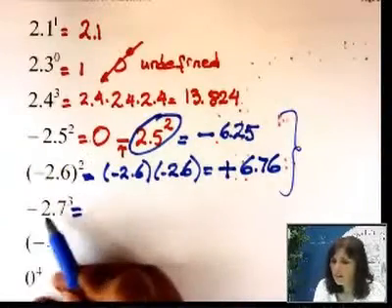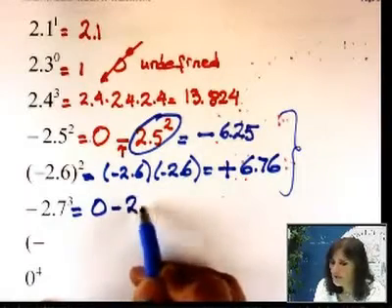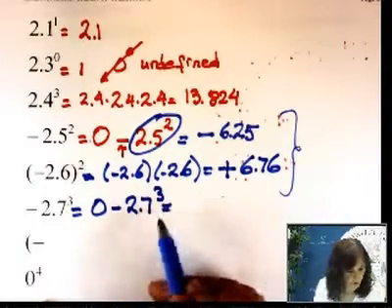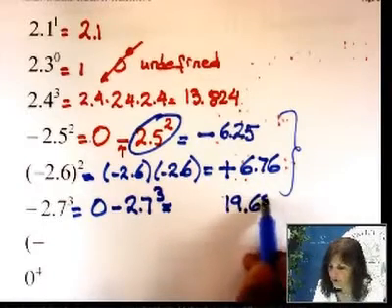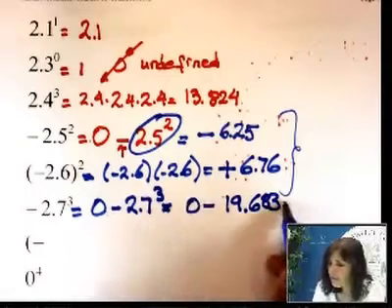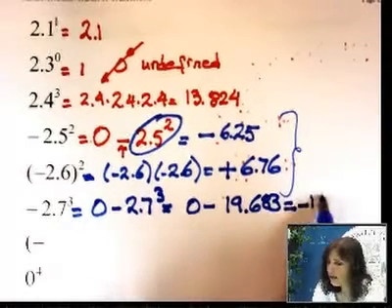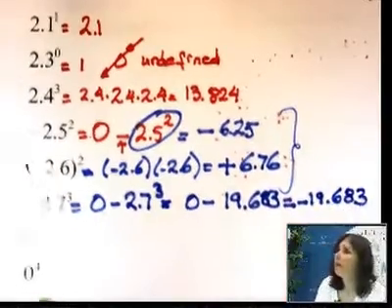How about a cube? This means I can put a 0 in front of it to see how it works. 2.7 cubed happens to be 19.683. And you're subtracting this from 0. So that means you're going to get a negative 19.683. Okay?